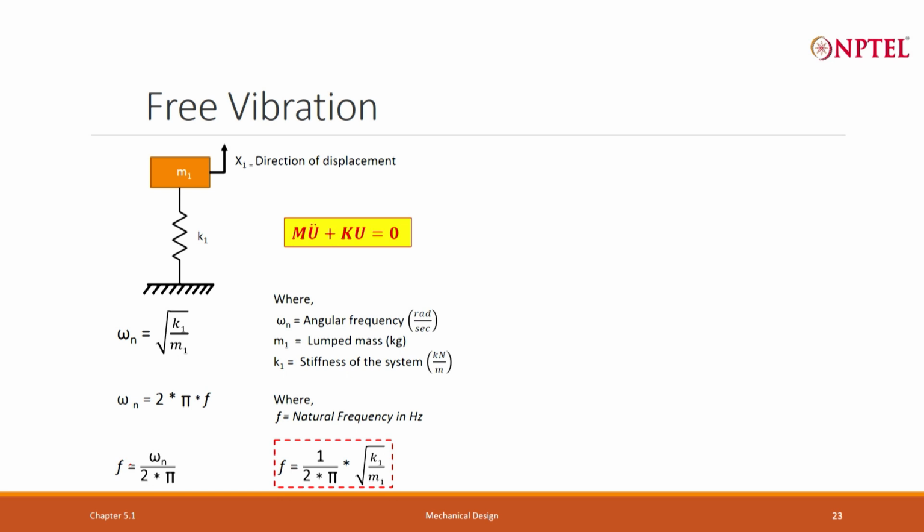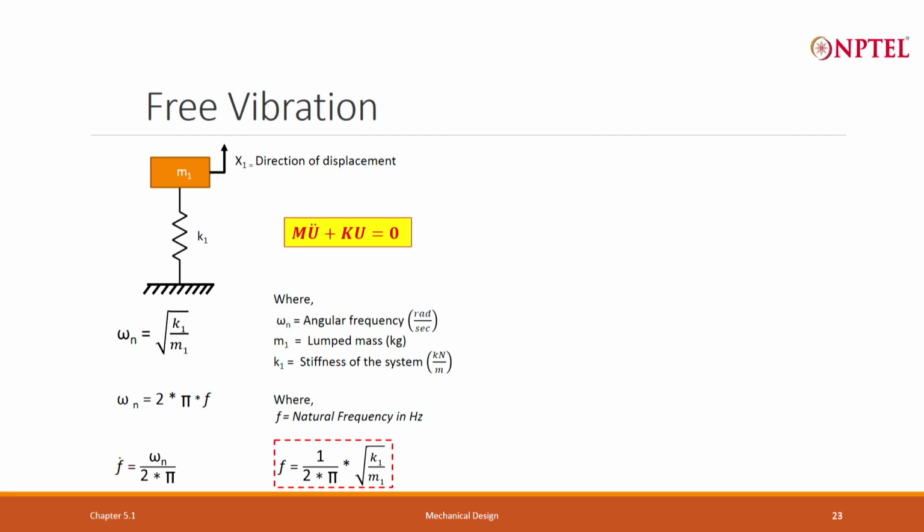So, we will move next, free vibration. Mostly we represent the vibration in a mass spring system, where the spring stiffness is K1, the mass is m1, and this is the direction of displacement. What would be the natural frequency, or you can say angular frequency, is square root of K1 by m1. And that comes 2 pi into f, f is natural frequency in hertz.